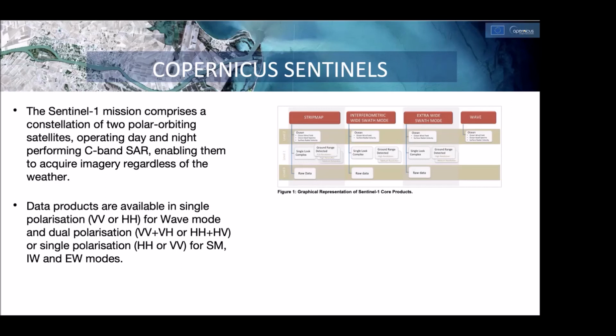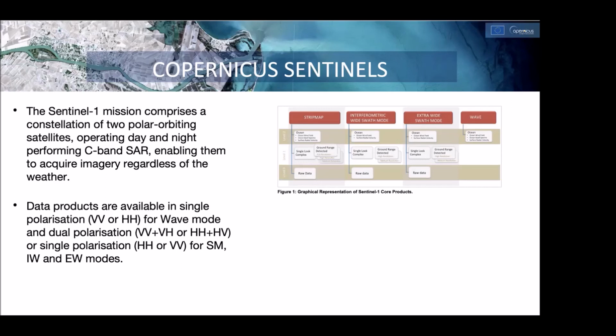And secondly, it's especially in areas where atmosphere has always been an issue. It's not an issue for the SAR satellite. Here, I won't go too much into detail, but there are different polarization modes. And for Sentinel, we can get VV or HH, which is vertical, vertical, and horizontal, horizontal.